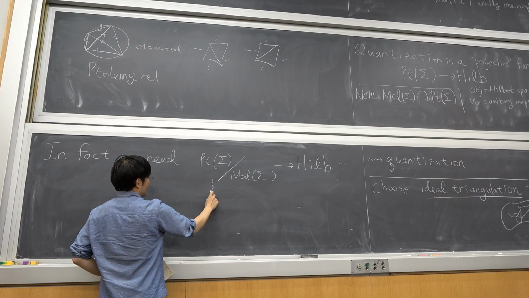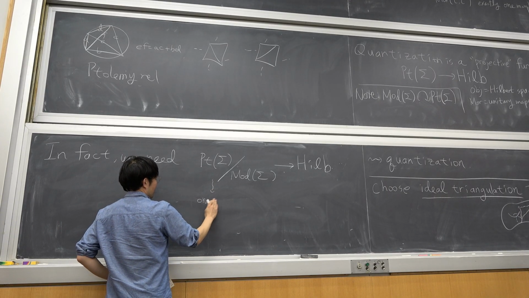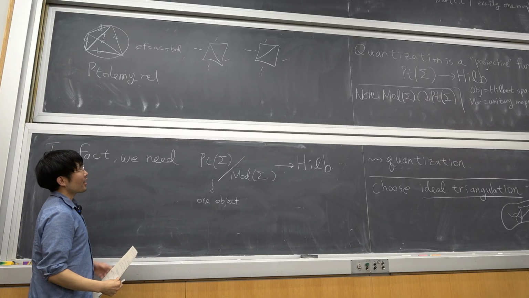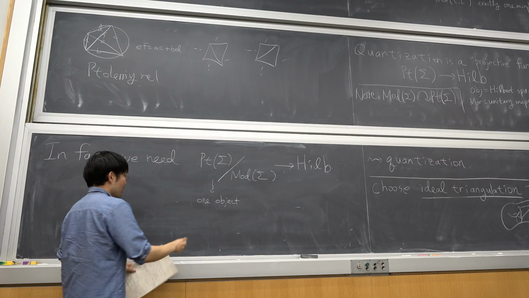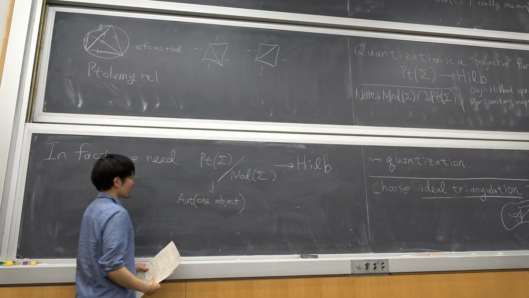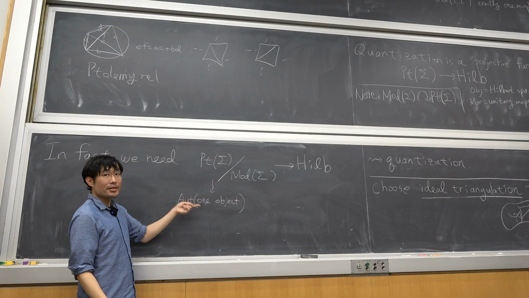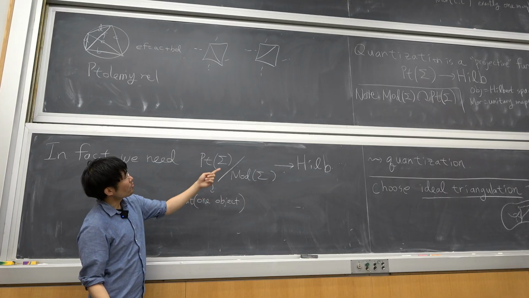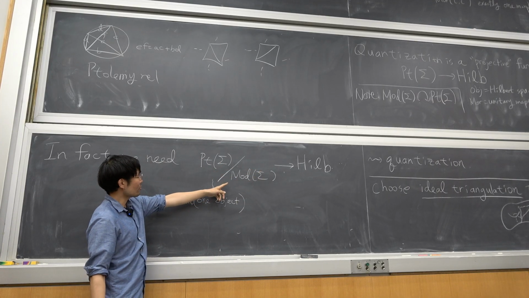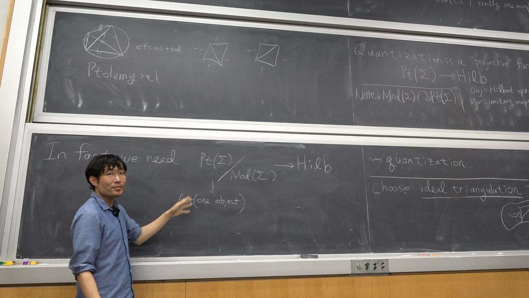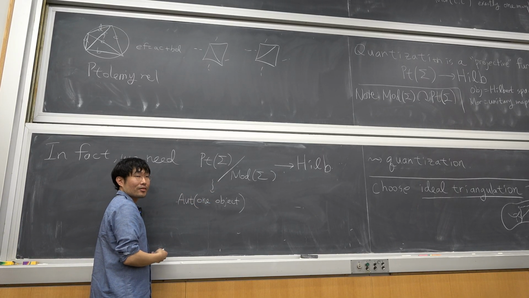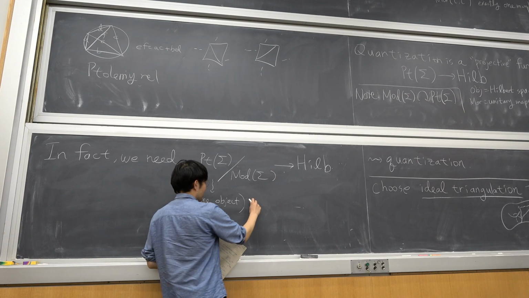Just pick any object, represented by an ideal triangulation, and ask what is the set of morphisms from it to itself. Before quotienting, there's only one morphism, but if you quotient it, there are more morphisms. And you see that this automorphism group is exactly the mapping class group by construction.